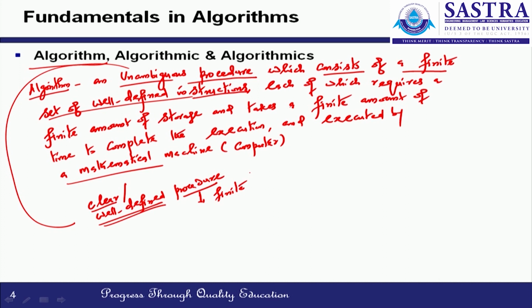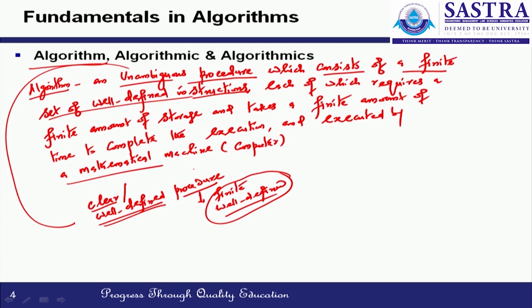Second, every instruction in this procedure must be well-defined. So what is a procedure? A procedure consists of well-defined instructions, and the number of well-defined instructions must be finite. So a finite set of well-defined instructions is nothing but a procedure.